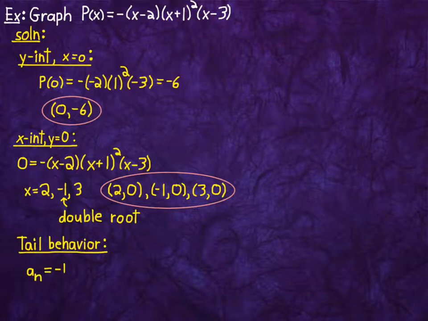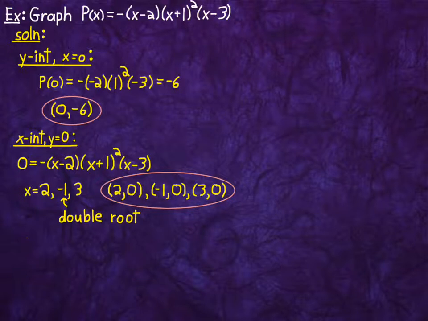You have to be careful with the parentheses because sometimes, let's back up a little bit. Sometimes they'll put the parentheses in for you and then put a box in between the parentheses, and then they just want 2 comma 0, negative 1 comma 0, 3 comma 0, like that. So you have to be careful of those parentheses. I've tried to get them to stop doing that because I think the students know that they need parentheses, but then they get sloppy about it, so it's kind of teaching them to be sloppy.